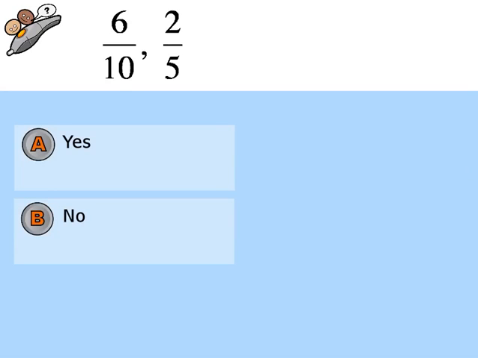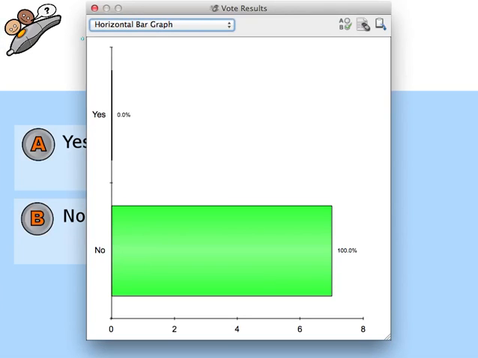Are those two equivalent, yes or no? So we have 6/10 and 2/5. No, they are not.